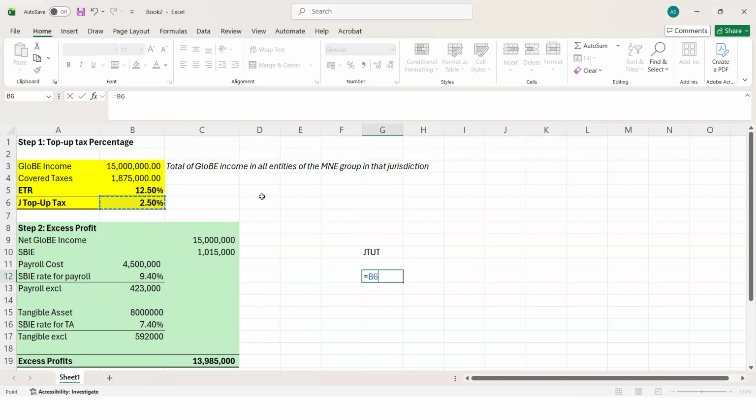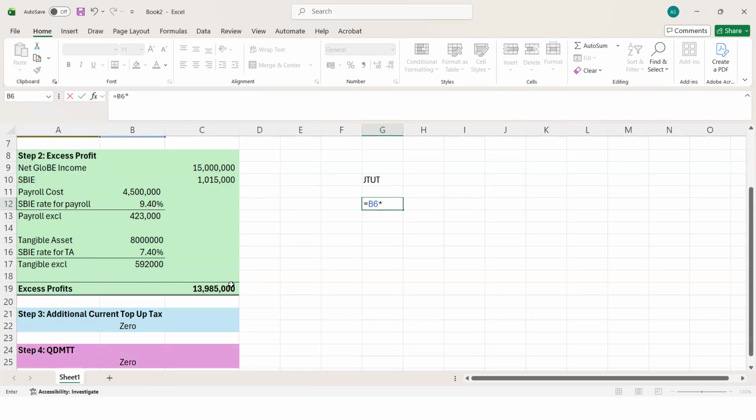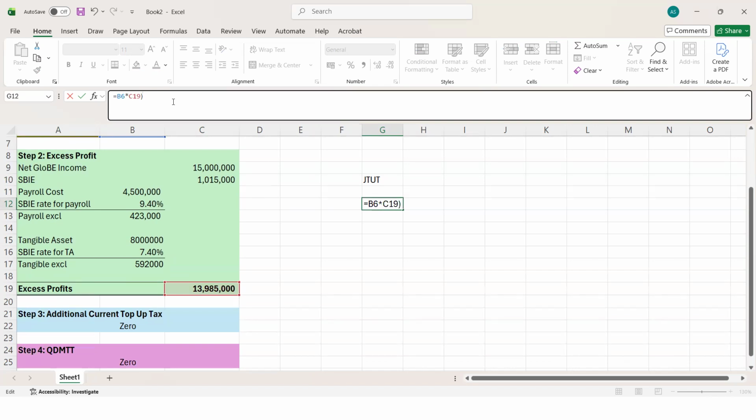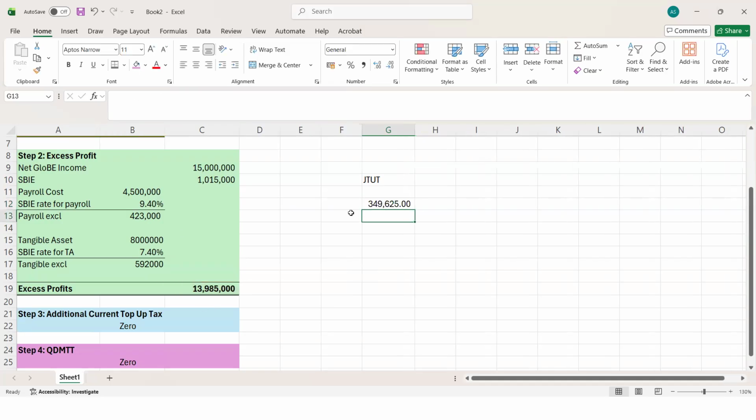Jurisdictional top up tax percentage, right, into the excess profit plus the additional current top up tax. We know it is zero. And minus the QDMTT actually paid. The jurisdictional top up tax is 349,625.